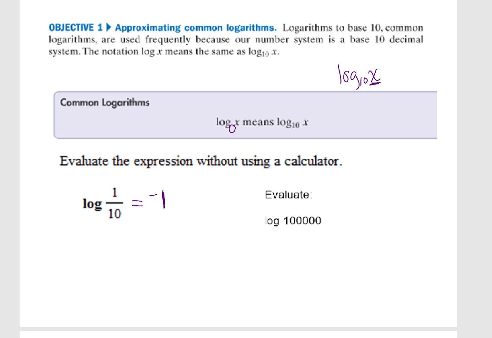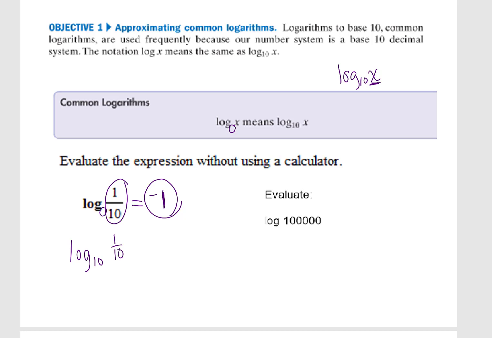Something to take into consideration: when we do a common log, and this value right here is a power of 10, then you will always get an integer for the answer. Okay, so let's see if I could use that previous rule on here.